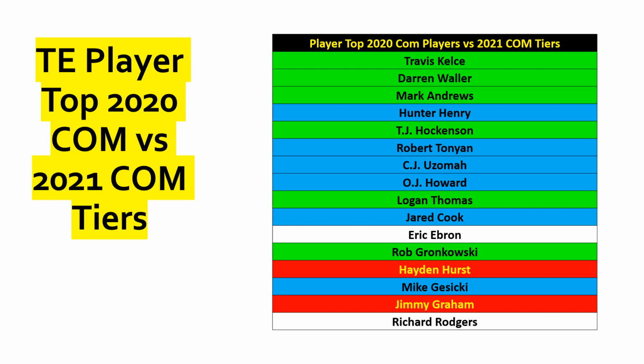So we're talking 9 out of 14, a little bit less, that were high in 2020 were high in 2021. The good news is only two were complete failures, Hayden Hurst and Jimmy Graham. They were high in 2020. They were a failure. So there was a bust here of 2 out of 14.